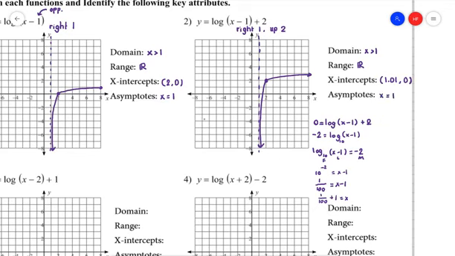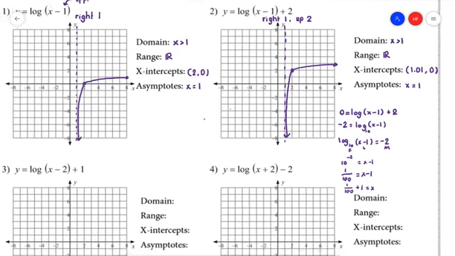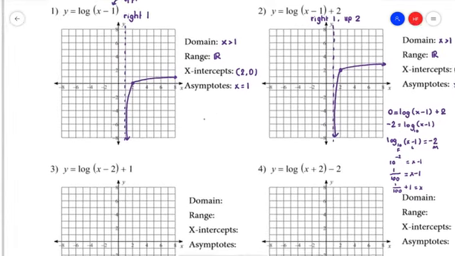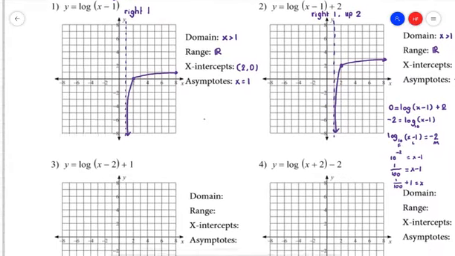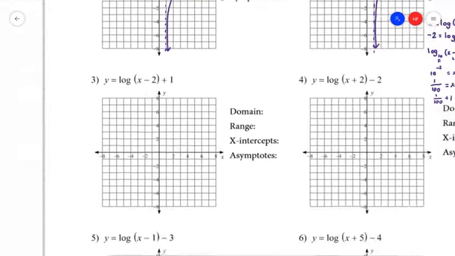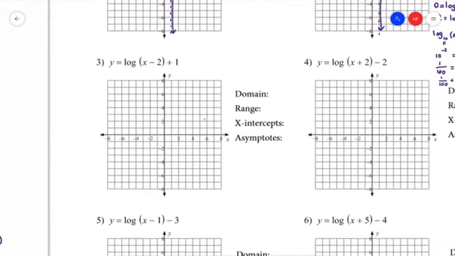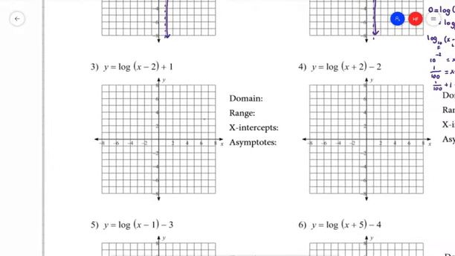So the most difficult part on here will be to find those x-intercepts whenever we're given something like number 2. If you're given something like number 1, we're just moving it to the right, so we're not going to have an issue there. Now number 3, we're moving to the right 2, and up 1.